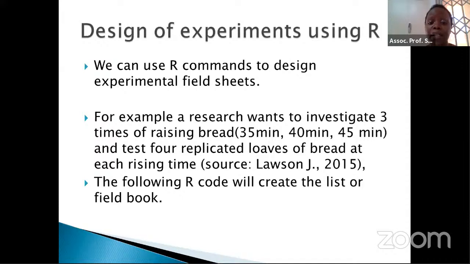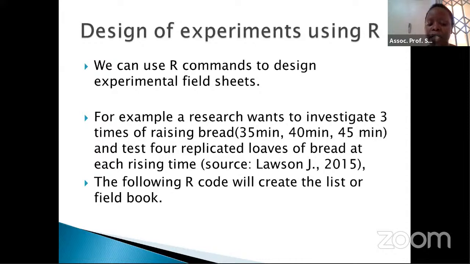We want to design a field sheet, and this researcher would like to investigate 3 times of raising bread. This is an example from the food science section. This researcher had 3 treatments, 35 minutes, 40 minutes, 45 minutes, replicated 4 times, giving us 12 loaves of bread.